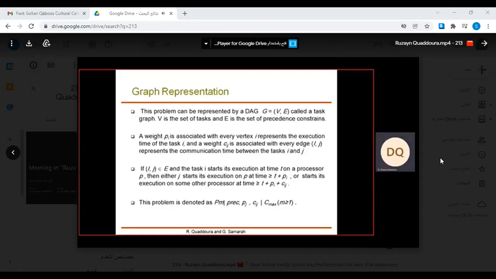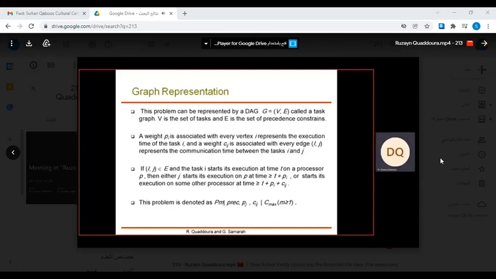If ij belongs to E and task i starts execution at time t on a processor P, then either j starts execution on P at a time greater than or equal to t plus Pi, or it starts its execution on some other processor at a time greater than or equal to t plus Pi plus Cij.